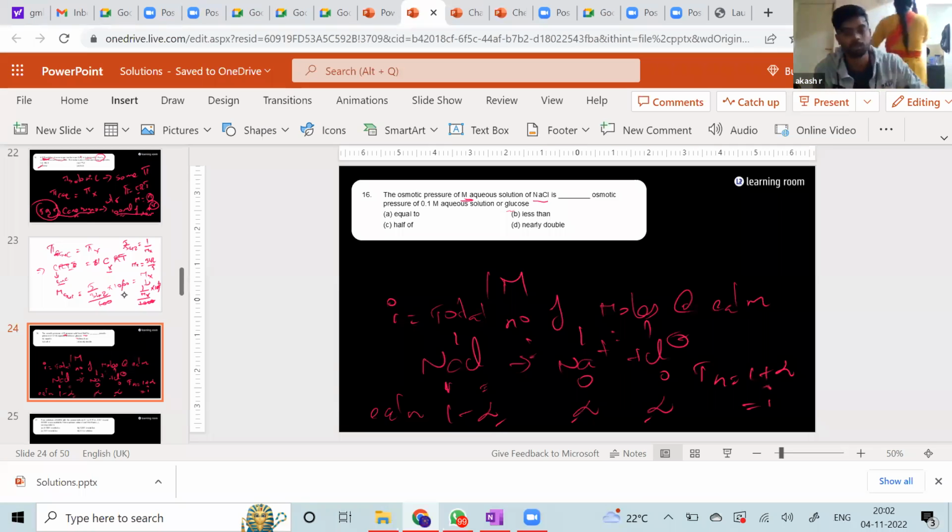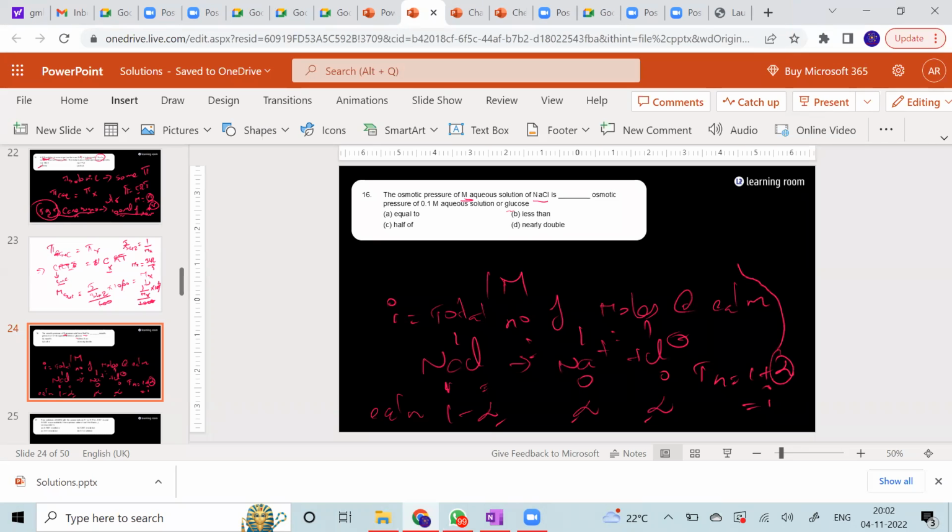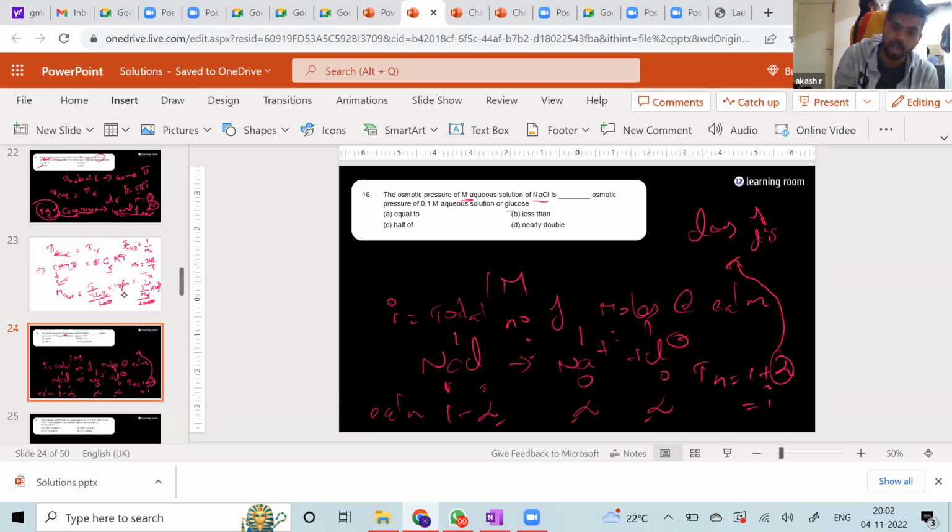This is always true: the total number of moles at equilibrium equals the Van 't Hoff factor i. And alpha is called the degree of dissociation, or in terms of association, the degree of association.